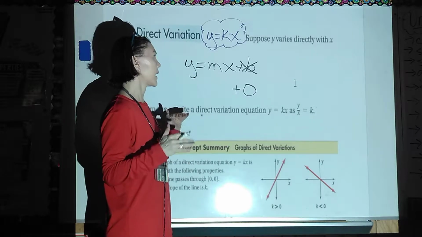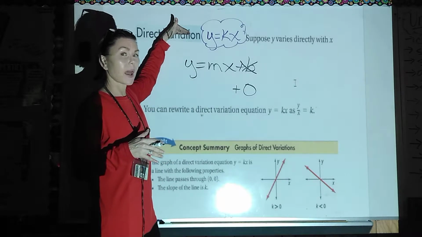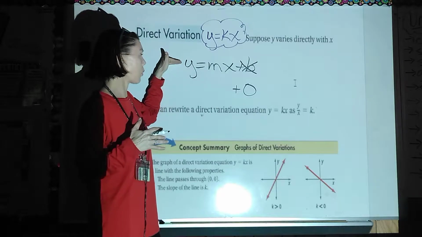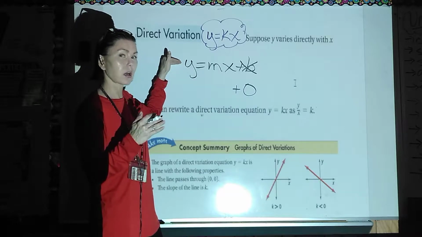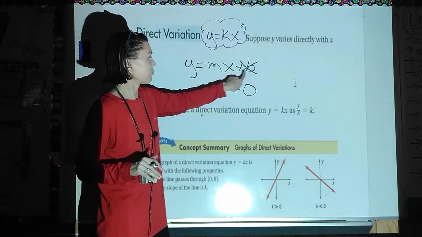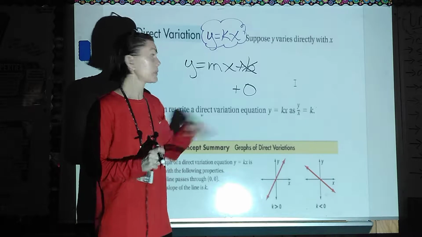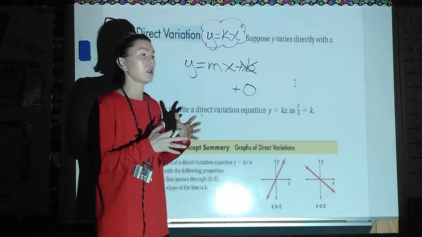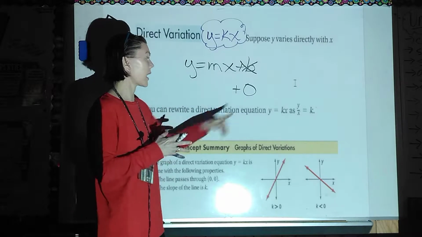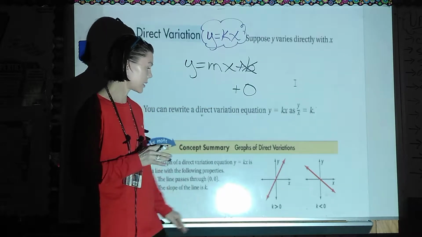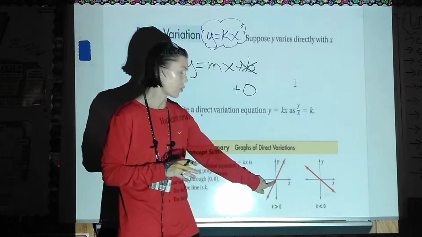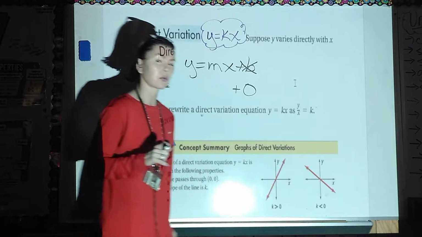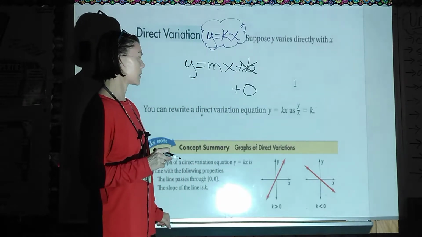So again, direct variation y equals kx is very similar to slope-intercept form y equals mx plus b, where the y-intercept, the b, will always be 0, so the line will always cross over the y-axis at 0, 0. As you can see here, it's crossing through the origin at 0, 0, and this one is also crossing through the y-axis at 0, 0.